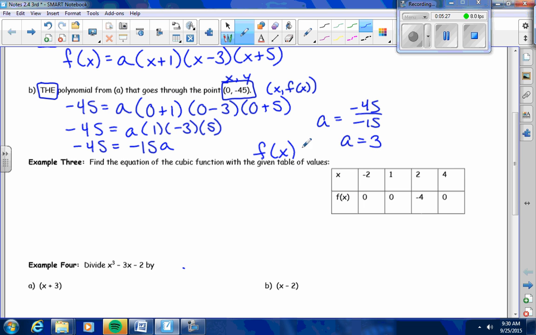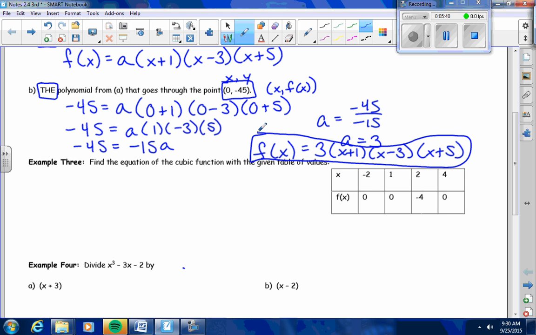So f of x equals 3 times x plus 1 times x minus 3 times x plus 5. That is the polynomial that has those zeros and goes through that point. Okay. Questions on that?